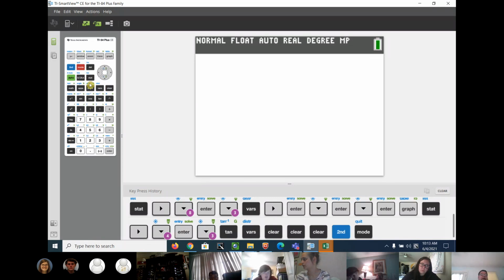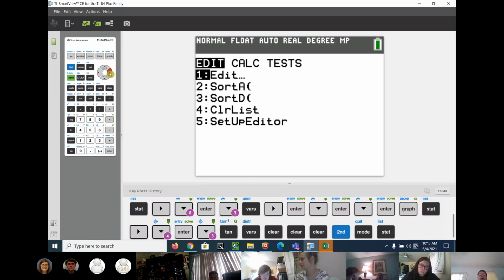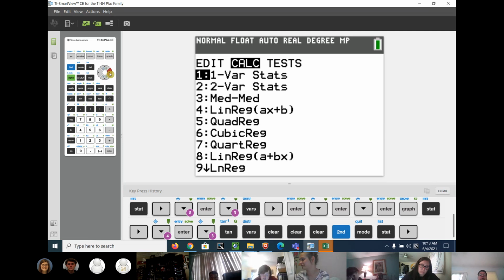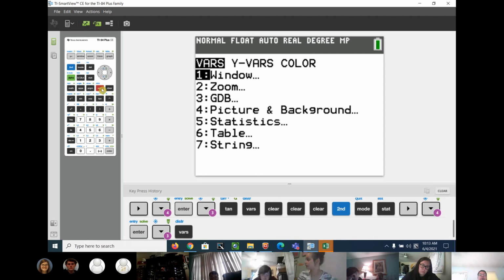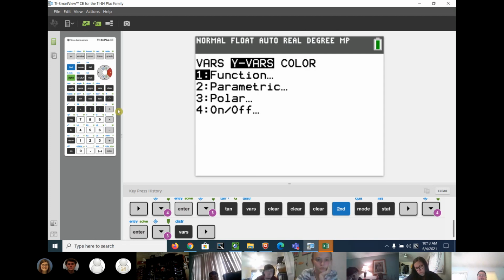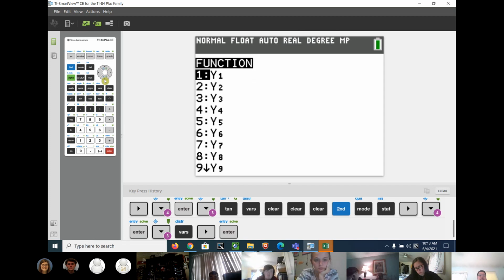Do it again. Stat, calculate, go down to quadratic, go down to store regression equation, type vars, which is right beside the clear button. Move over to the right to y variable, enter function, and hit y1.